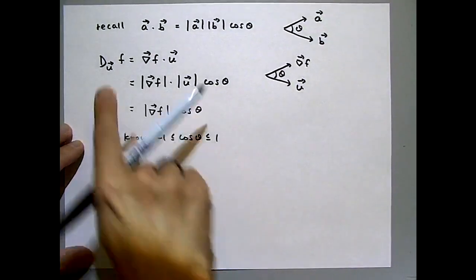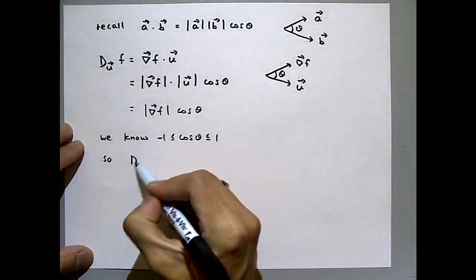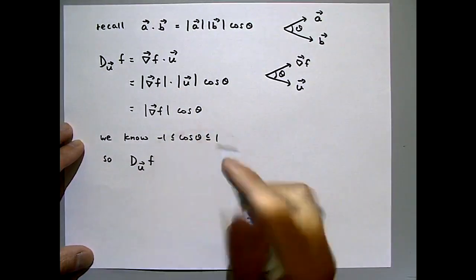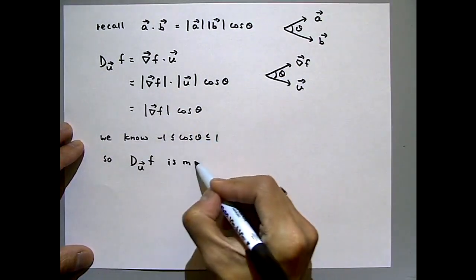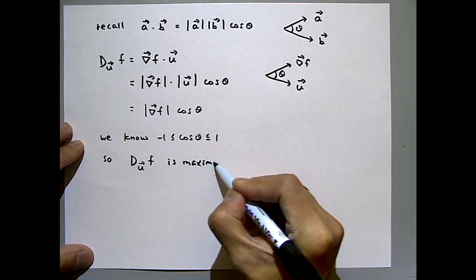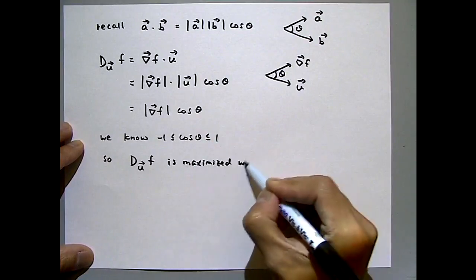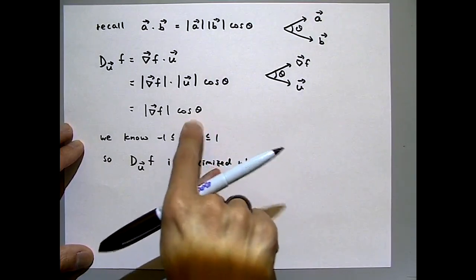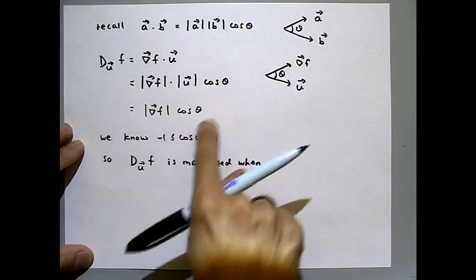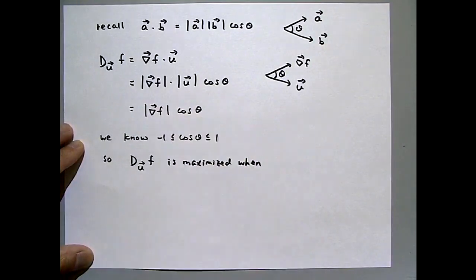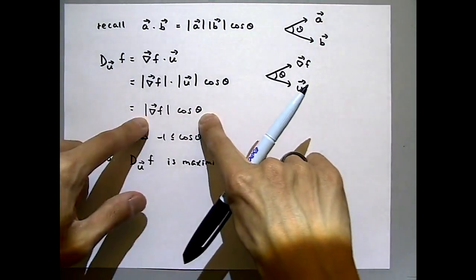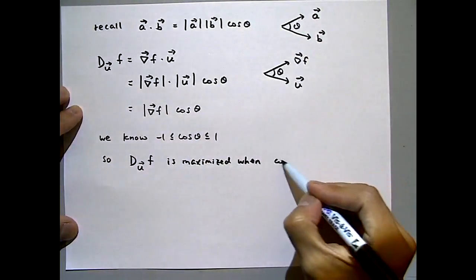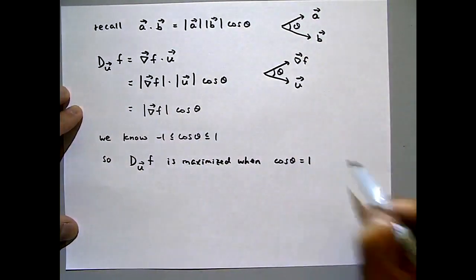So this means that the directional derivative of f is maximized when cosine is equal to 1, right? If this can only be between -1 and 1, you want this to be as big as possible. You want to make cosine of theta equal to 1.